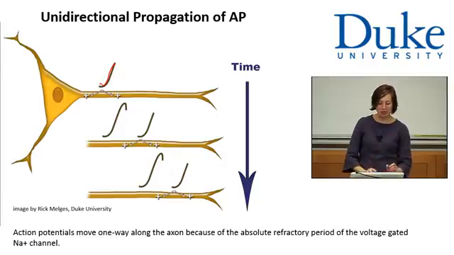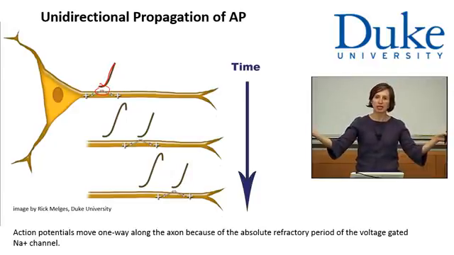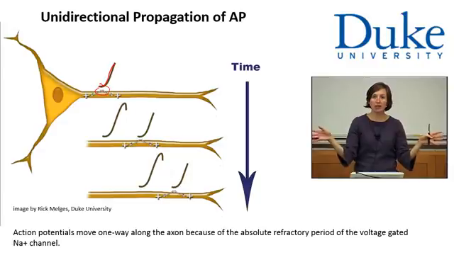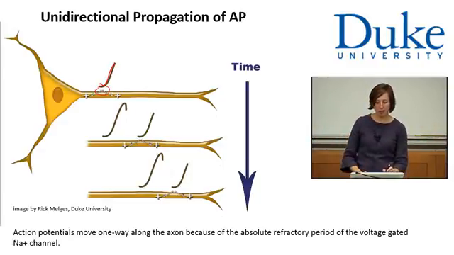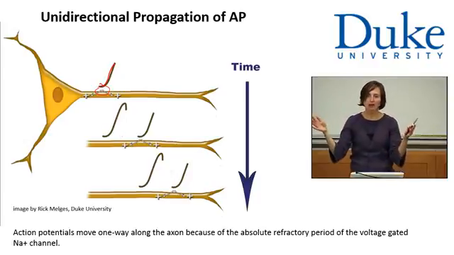And so at this point where this action potential is occurring, sodium is rushing in, and it's going to then depolarize the membrane in the neighboring area such that it's going to get that part of the axon above threshold, and so it will have an action potential.